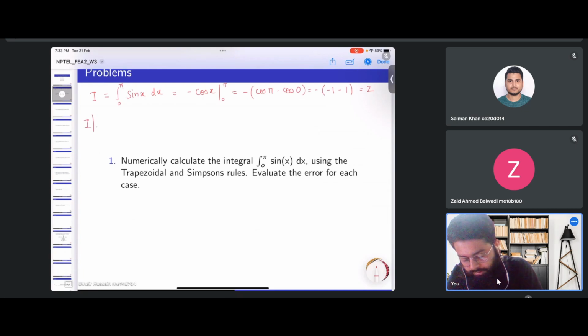So we get I using the trapezoidal rule first. Trapezoidal basically approximates the solution linearly, right? The formula is h by 2 times f at 0 plus f at pi.